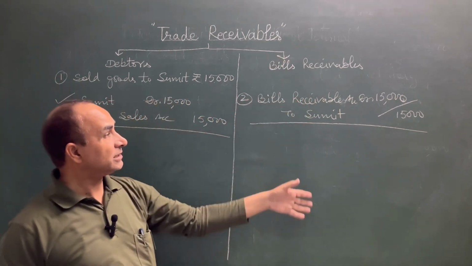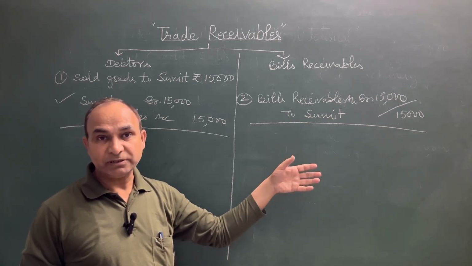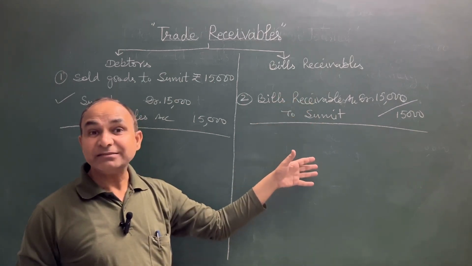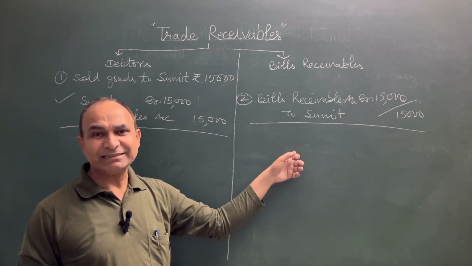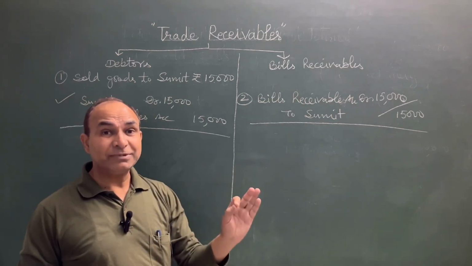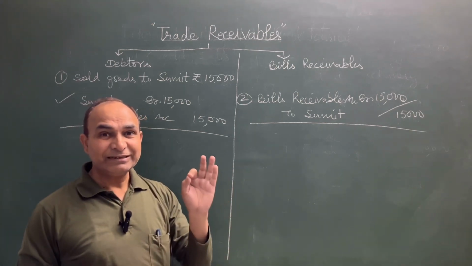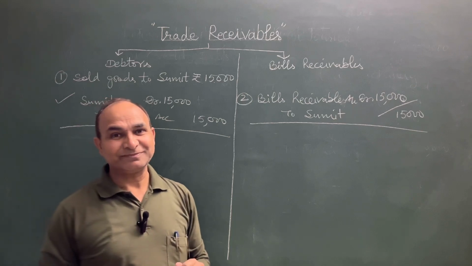But in this type of transaction, when a bill receivable is drawn and accepted, here the businessman is very safe. In this case, if due to any reason the customer fails to pay the money, the businessman is in a position to take legal action against the person.